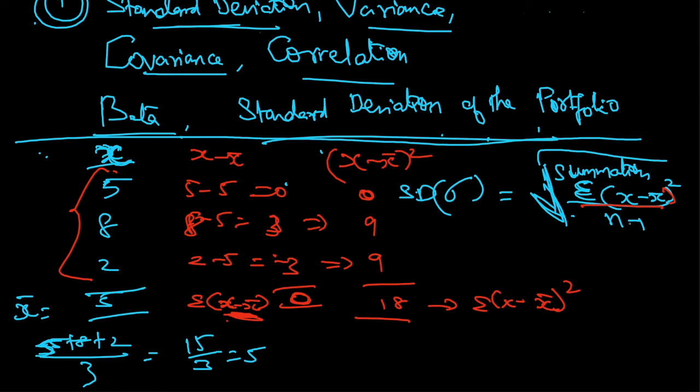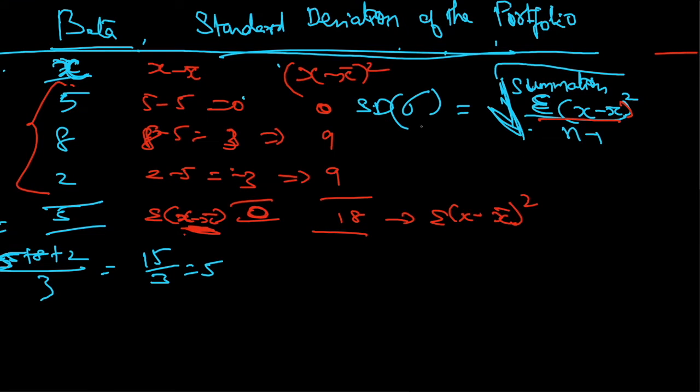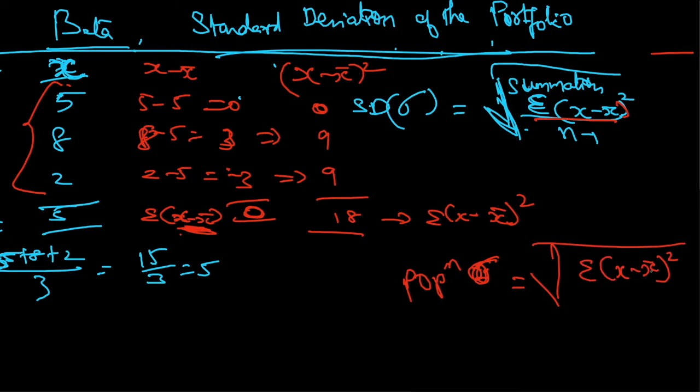Now why am I doing n minus 1? There is something called population standard deviation, and there is something called sample standard deviation. For population standard deviation, the formula will be summation of x minus x bar the whole square divided by n. So why am I doing it like this?